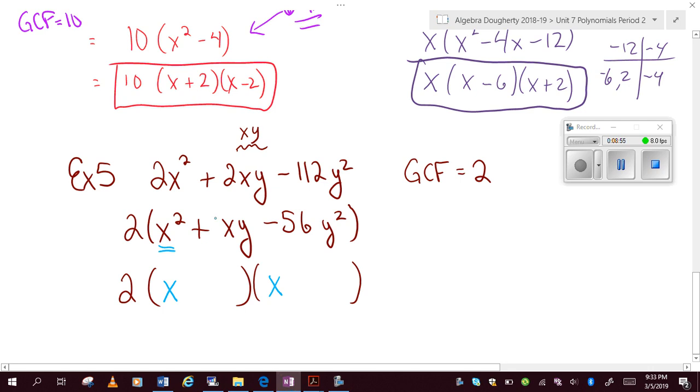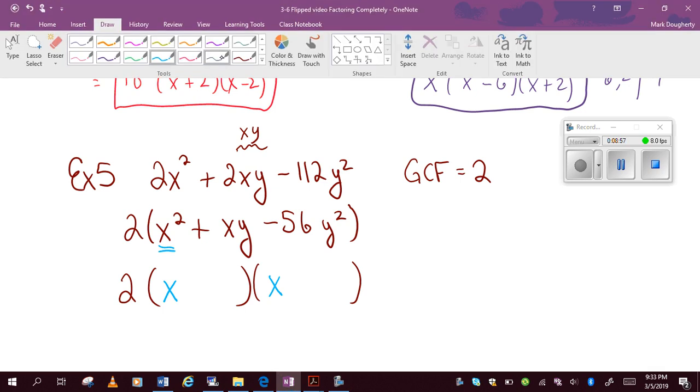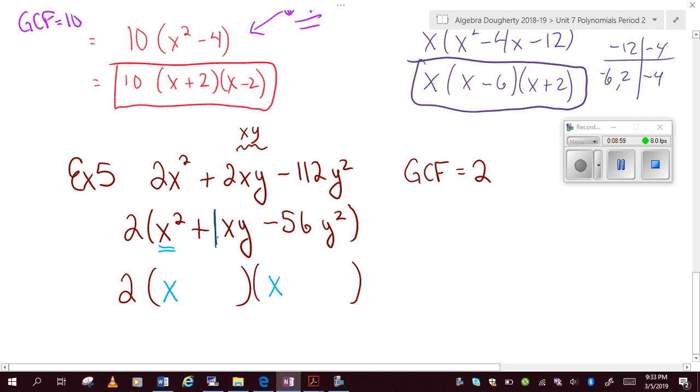Now the middle term has to have a coefficient of 1. Well, if we thought of numbers that multiplied to negative 56 and added up to positive 1, we'd have a bunch of choices. We'd work through our list and get 8 and negative 7. They add up to 1.